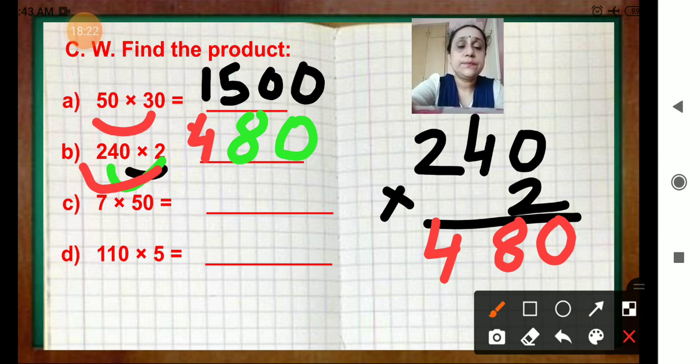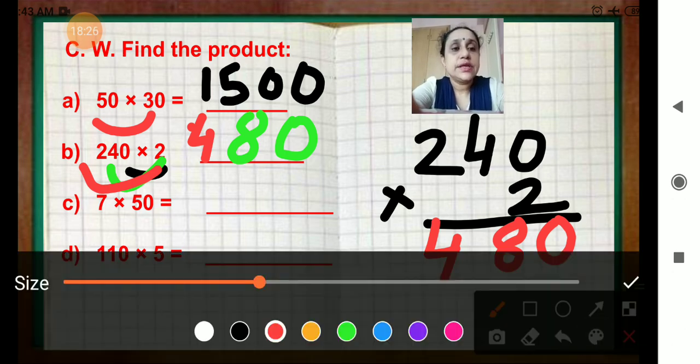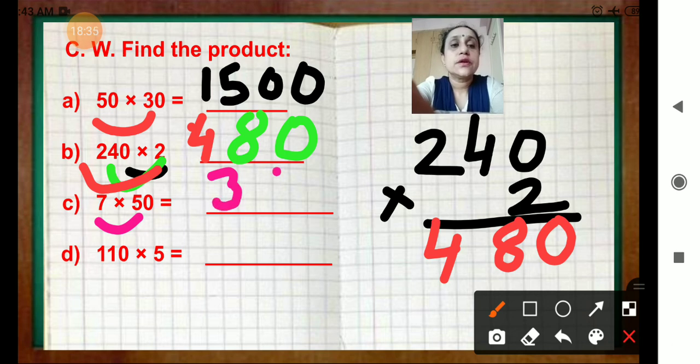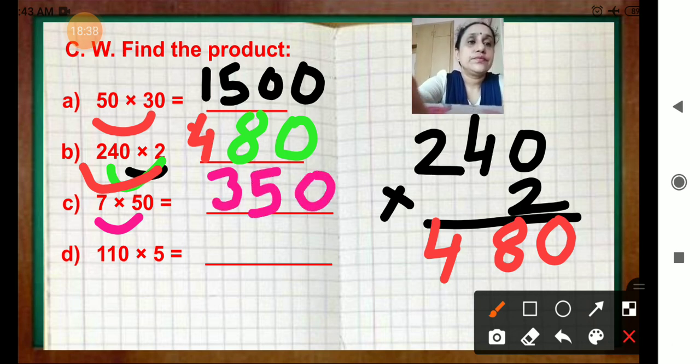Now the next one. Question C. 7 multiplied by 50. 7 fives are 35 and only 1 0 is there. Okay. Now question D. 110 multiplied by 5.